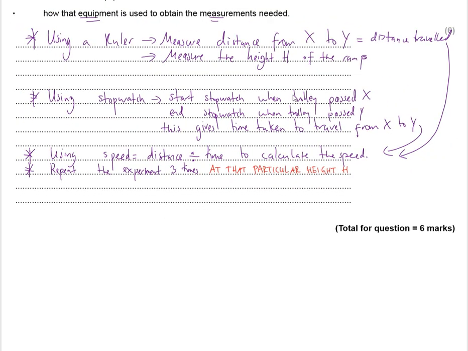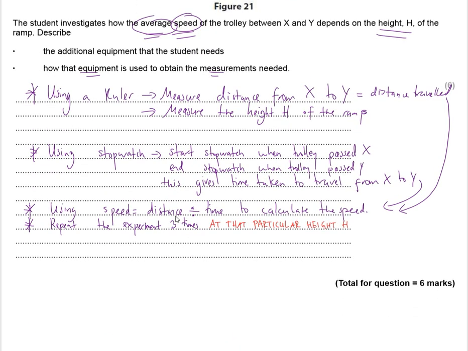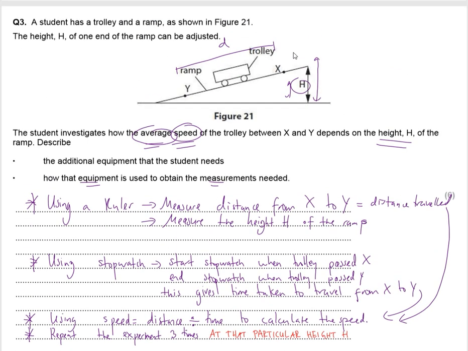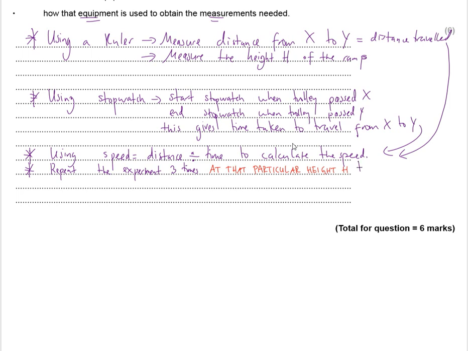So for example, if this is the height we measured at the start, we're going to repeat the experiment 1, 2, 3, 3 times at that particular height, then take an average. Okay, because so far, number 1, number 2, number 3, we are measuring the distance, the time, and then calculating the speed. So we do this 3 times at the same height, and then we take an average. So therefore, we get an average in this time.